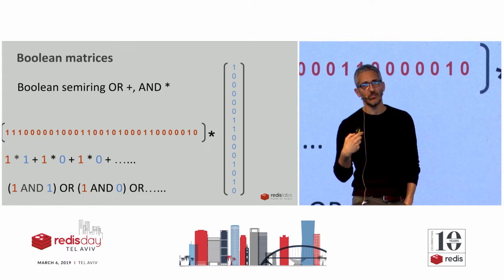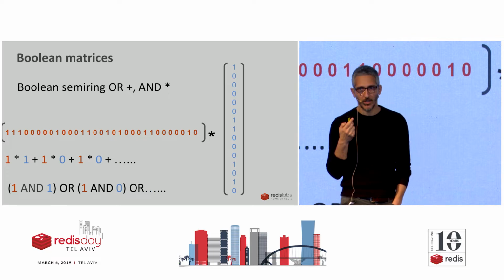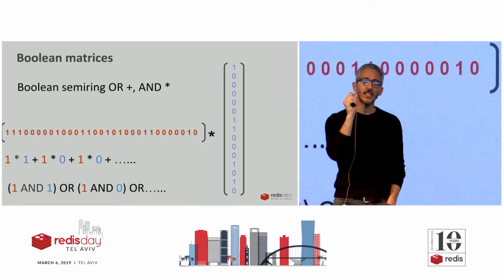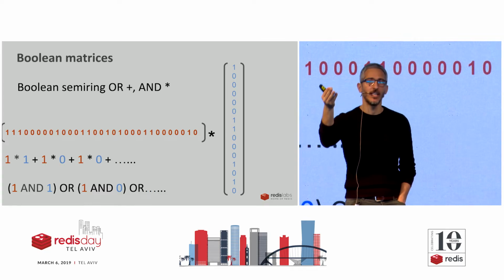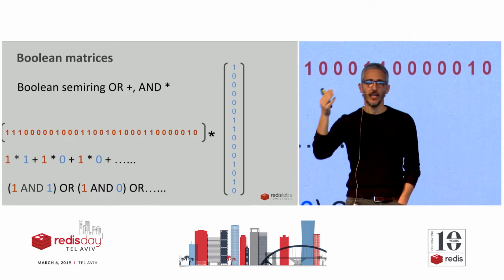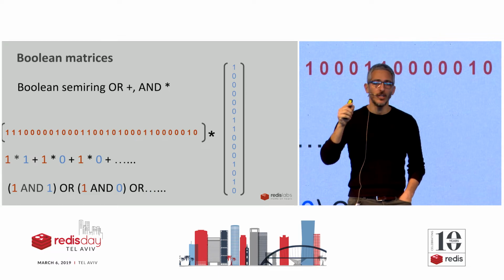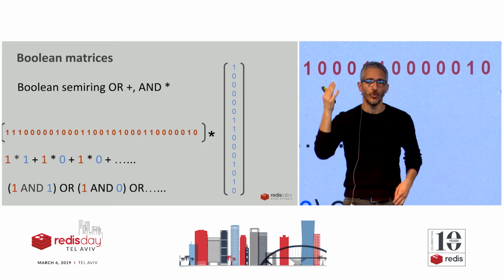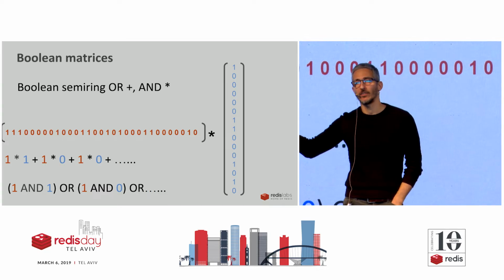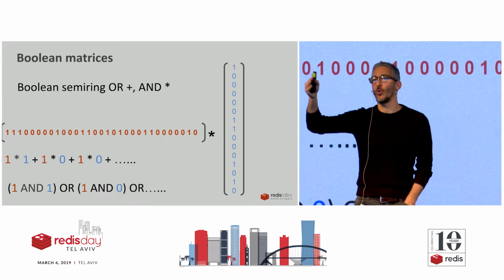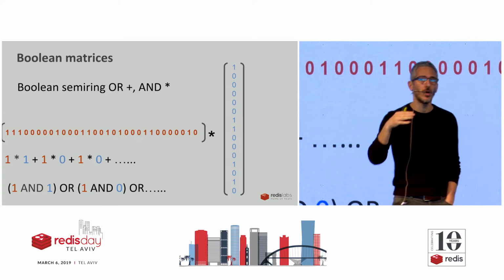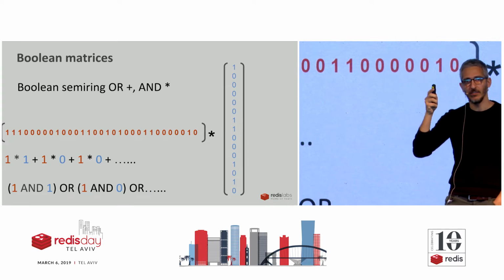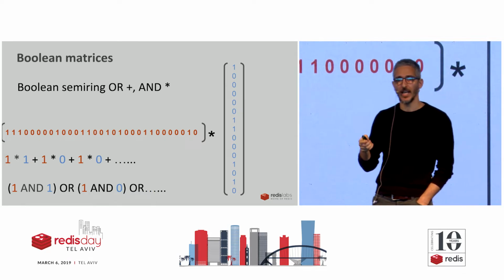But if we're dealing with Boolean algebra, if we only care about whether the bit is on or off, multiplication is done by AND and addition is done by OR. Once we computed a 1 AND 1 that gives you a 1, we don't care about the rest of the computation because it's just ORs between them. Once we have a 1, we can stop the computation early and conclude that the value of this multiplication is just 1.